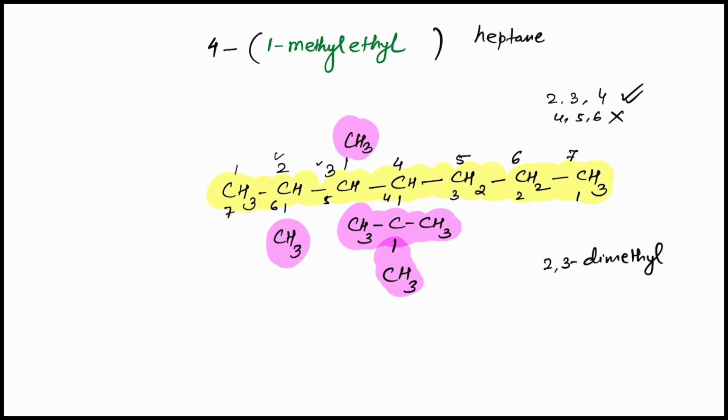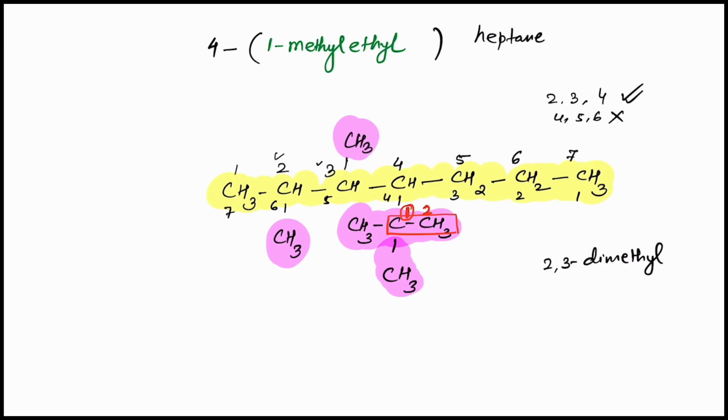Now this substituted group will need to be numbered. So as we discussed, give the carbon atom that is attached to the parent chain as carbon number 1. Now you can move in any direction. All lengths are the same. So I'll take the right one. So it is a chain of 2 carbon atoms with two substituents attached, and both of them are methyl groups which are attached at carbon number 1.